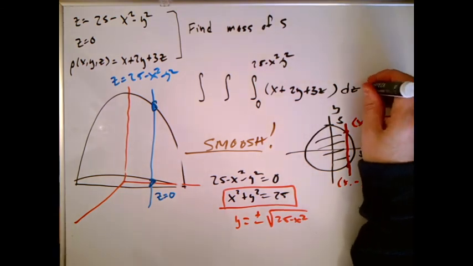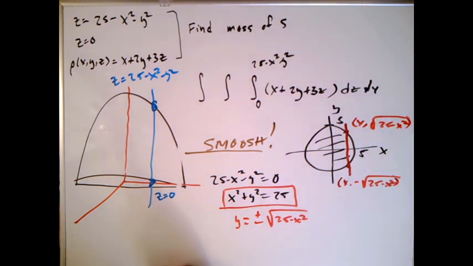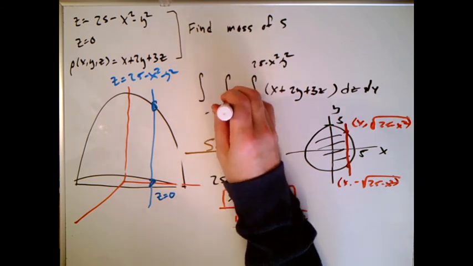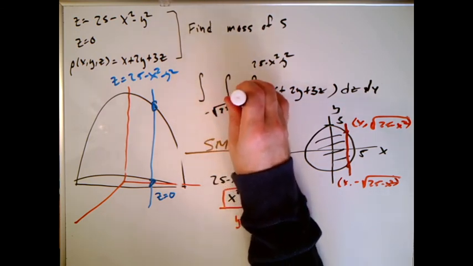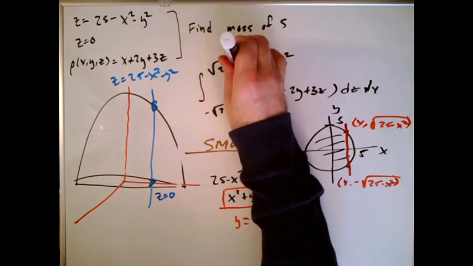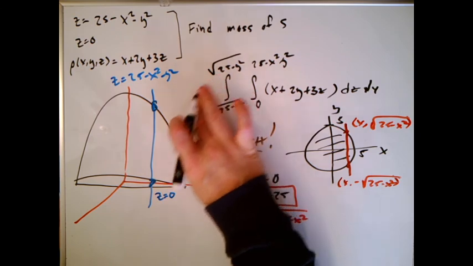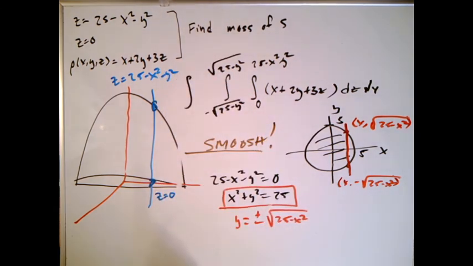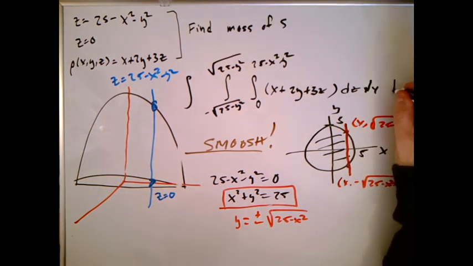So this is going to go dy like this, and this is going to go from negative the square root of 25 minus x squared to the positive square root of 25 minus x squared. Let me move this one back so we can see what's going on. We now need the limits of integration for x. That's the last thing we're going to have to find here.